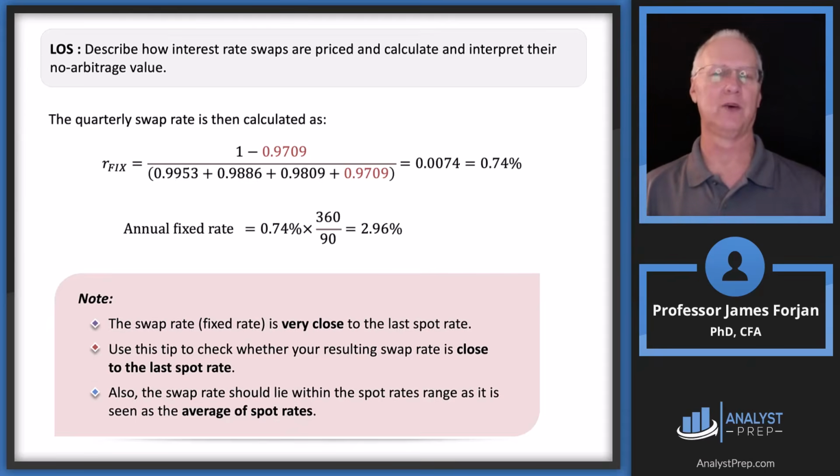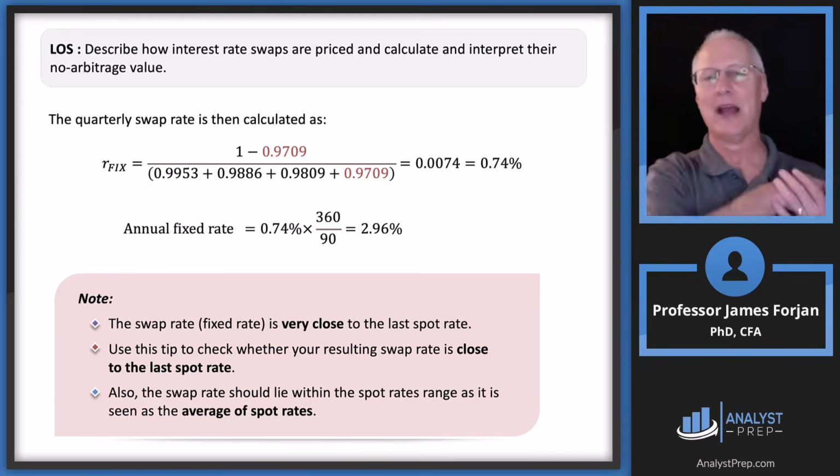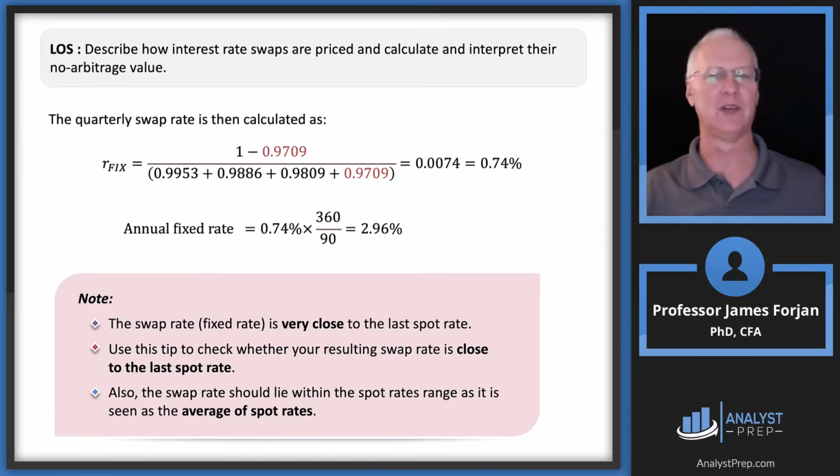So notice what we do. We take 1 minus some big number, so that's going to be really small, like 2 or 3%. And then we add all of those .99s and .98s and .97s. That quarterly swap rate is kind of like an average, and then we need to compound it out 4 times. So you get 2.96.